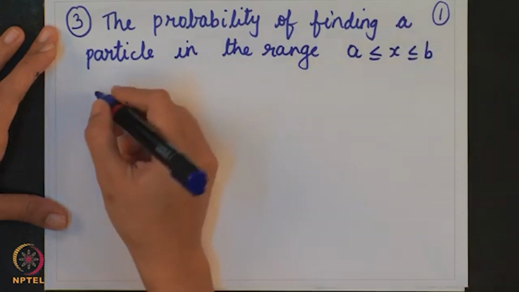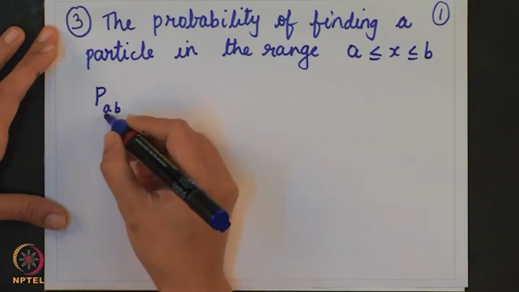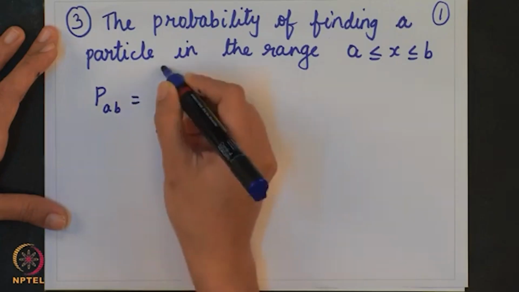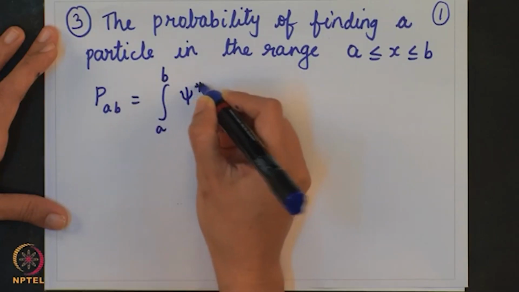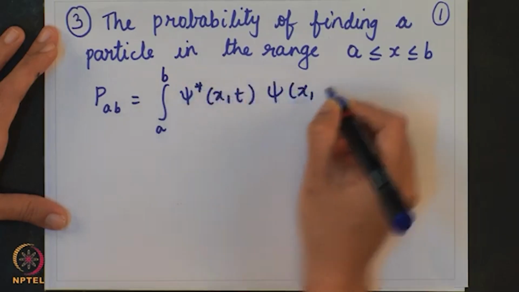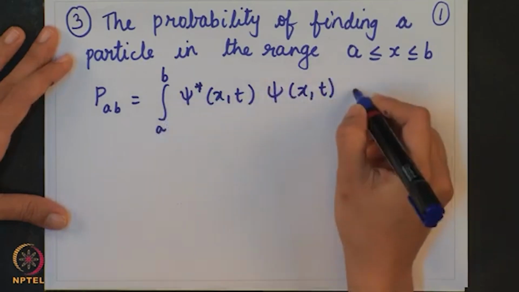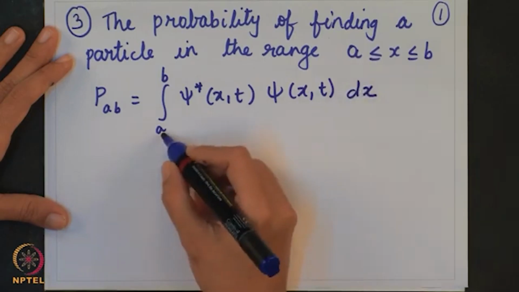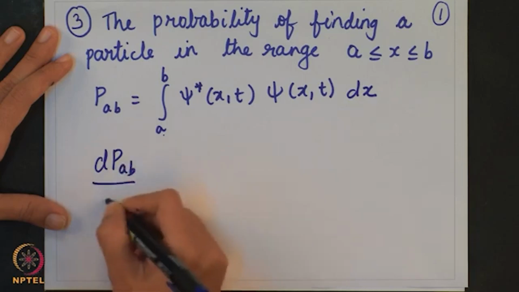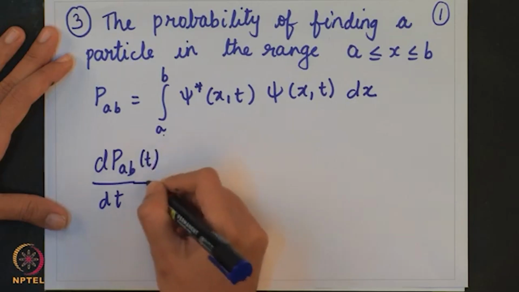Let me call that P_AB. P_AB will denote the probability between the range a and b, and will be given by the integral of psi star(x,t) psi(x,t), and since we have to find it between the two limits, I write it as integral from a to b dx.